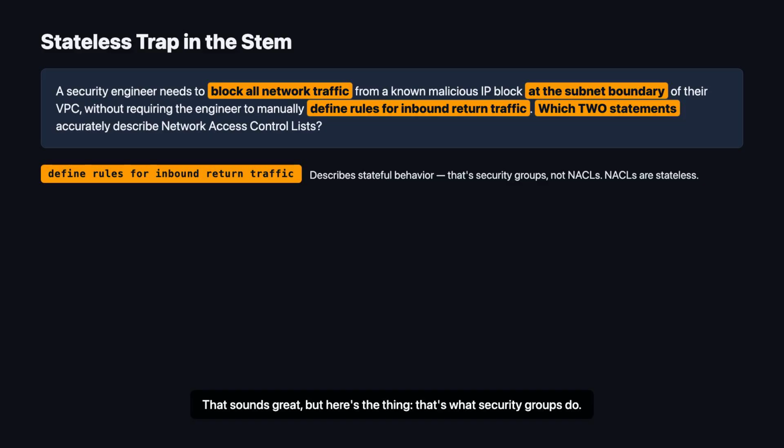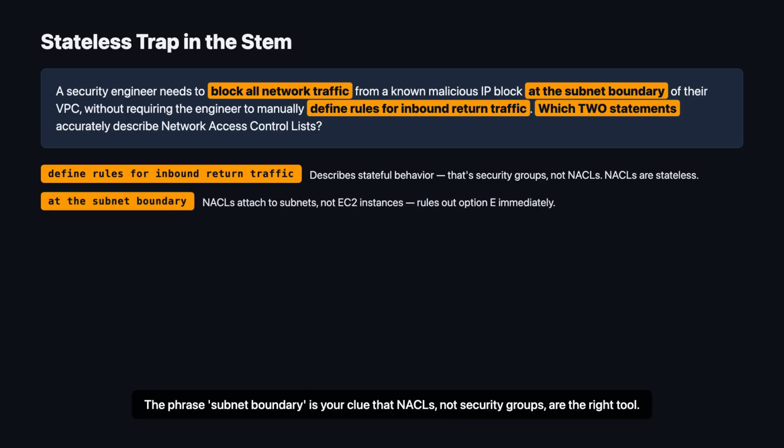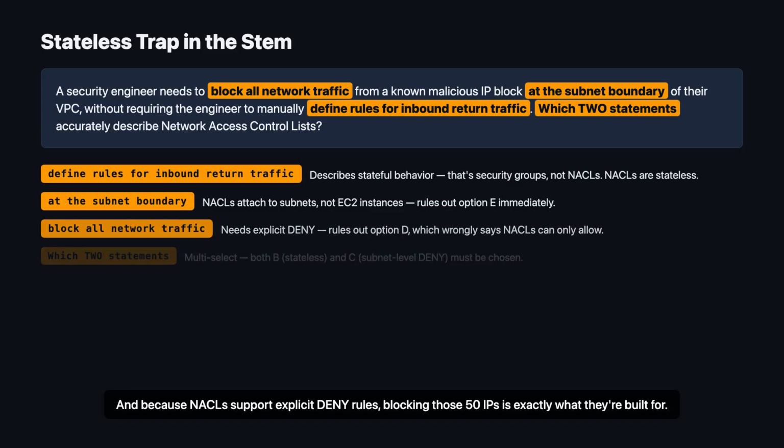But here's the thing. That's what security groups do. NACLs are stateless. Every packet, inbound or outbound, needs its own rule. The phrase subnet boundary is your clue that NACLs, not security groups, are the right tool. And because NACLs support explicit DENY rules, blocking those 50 IPs is exactly what they're built for.